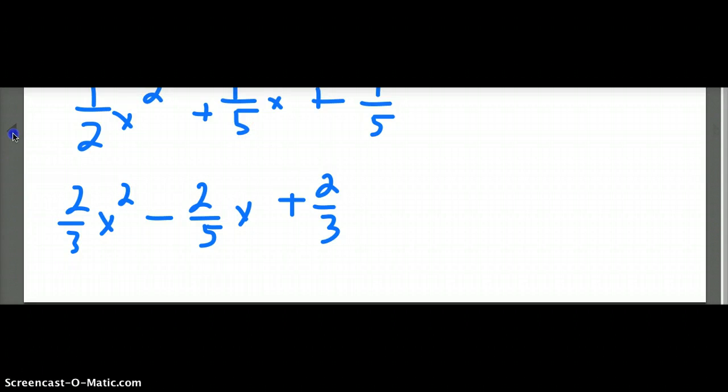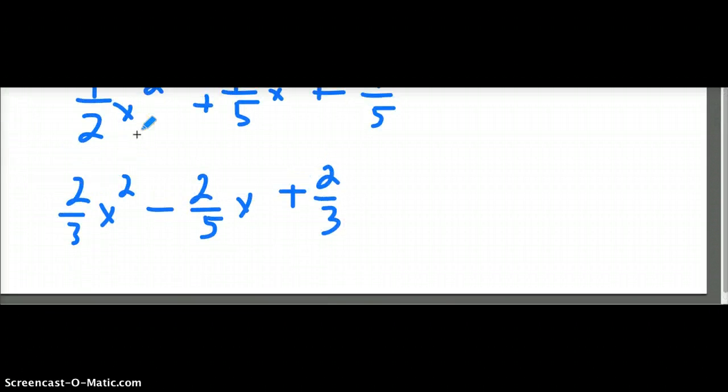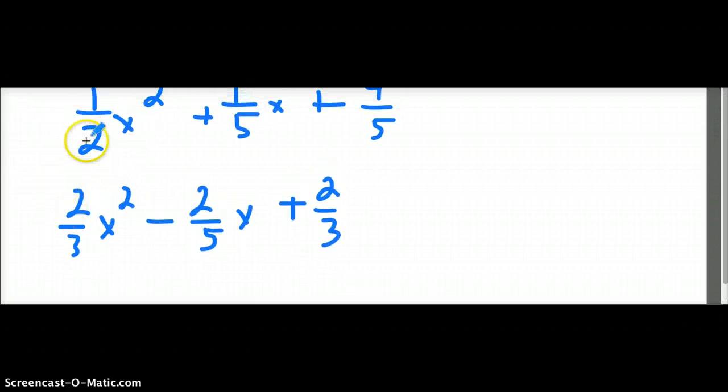But for the other terms, we have to change these numbers. So we need to find a common denominator. The way we'll do that is by multiplying the top and bottom by 3 here, and multiplying the top and bottom here by 2 to get a denominator of 6.